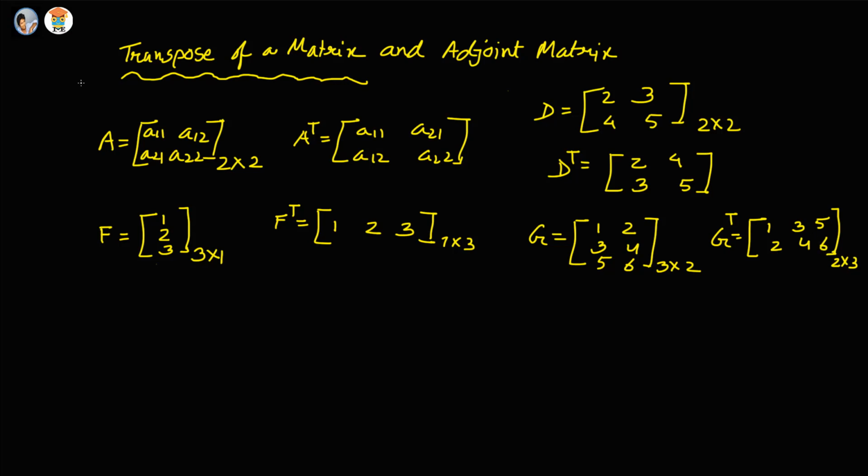Now say for example we have a matrix B which is equal to 2, 1, 1, minus 1, minus 2, 1 and minus 1, 2, 1.